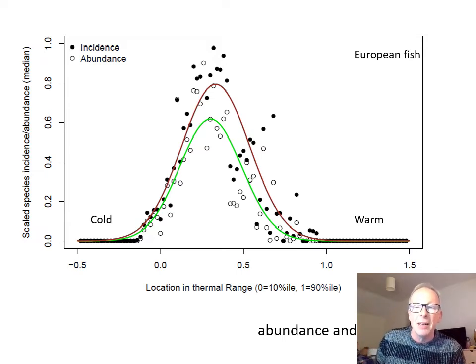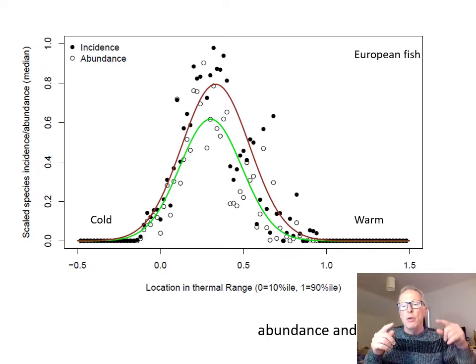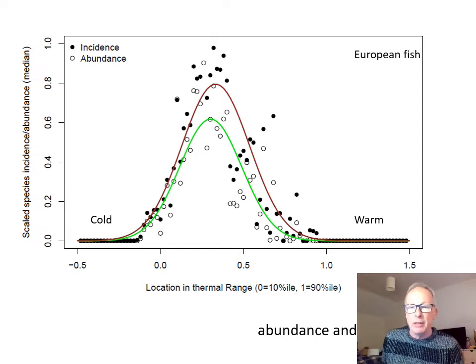We see that essentially things tend to get more abundant towards the center of their distribution range. It might be offset slightly from that, but essentially as the temperature deviates from that optimum temperature, which might be physiological, abundance declines.